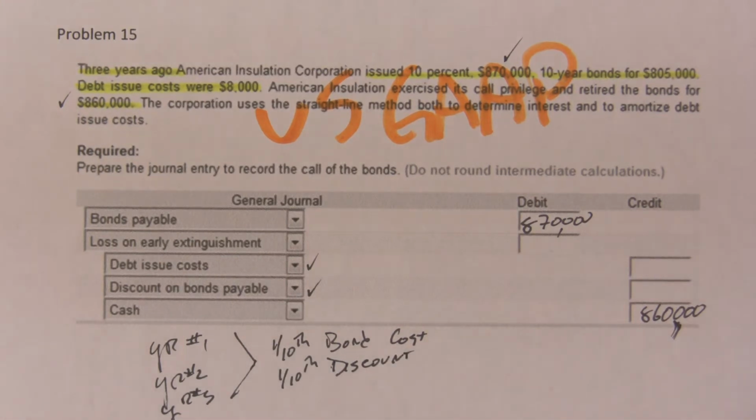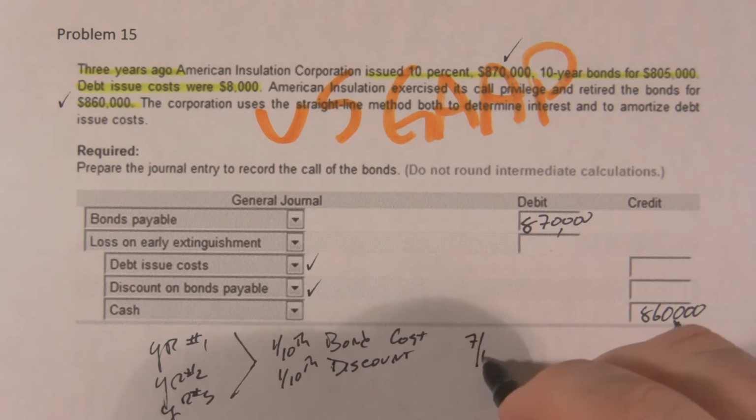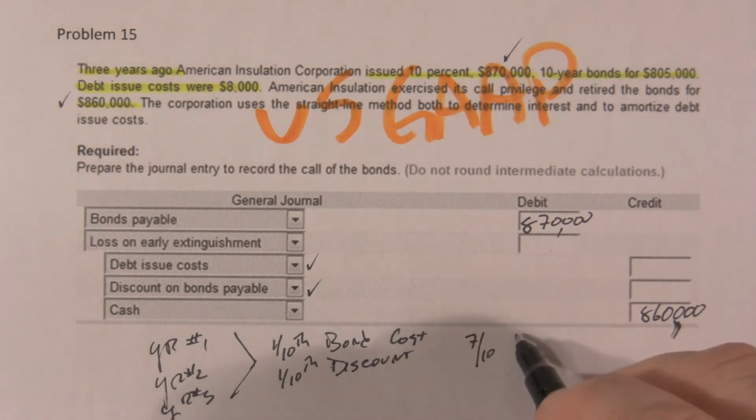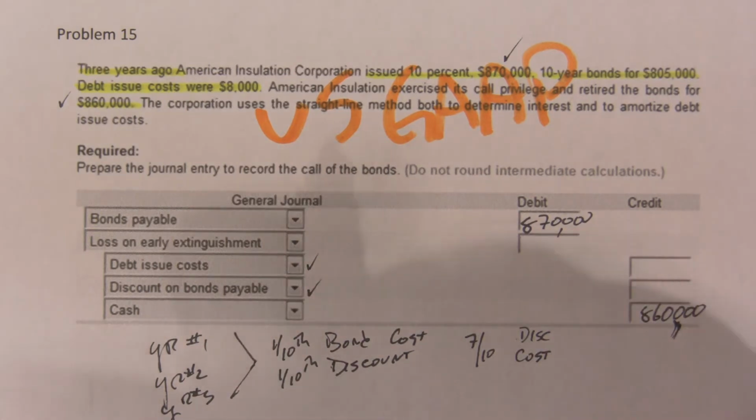So we have left years 4 through 10, so we have 7/10 of the discount and 7/10 of the cost left. They're going to go out the door as well.